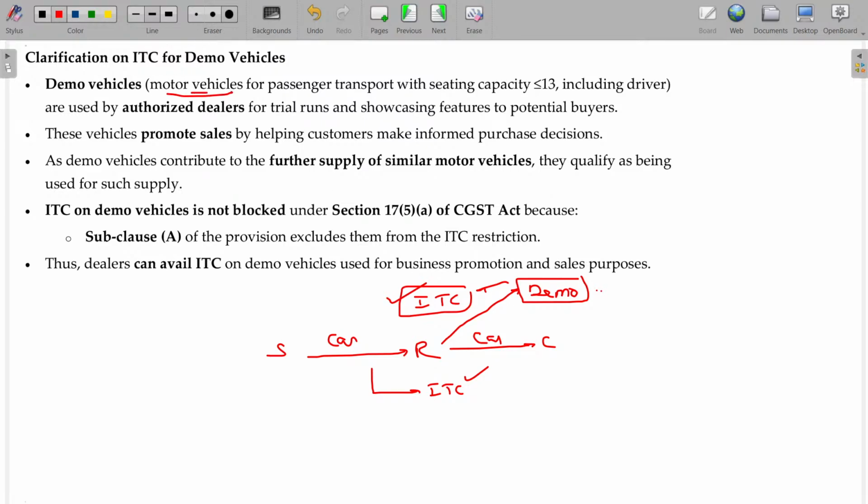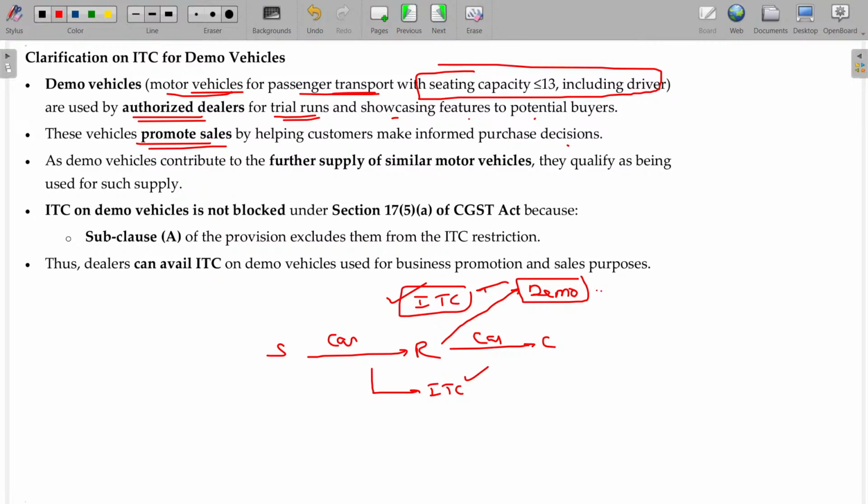Demo vehicles, motor vehicles for passenger transport with seating capacity less than or equal to 13 including the driver, are used by the authorized dealer for trial runs and showcasing features to potential buyers. These vehicles promote sales by helping customers make informed purchase decisions.